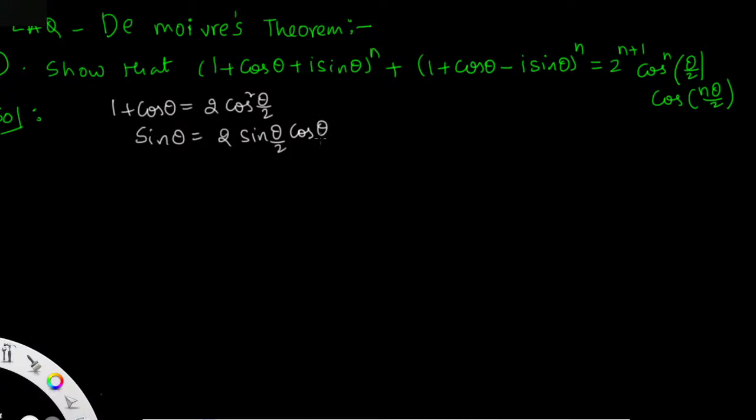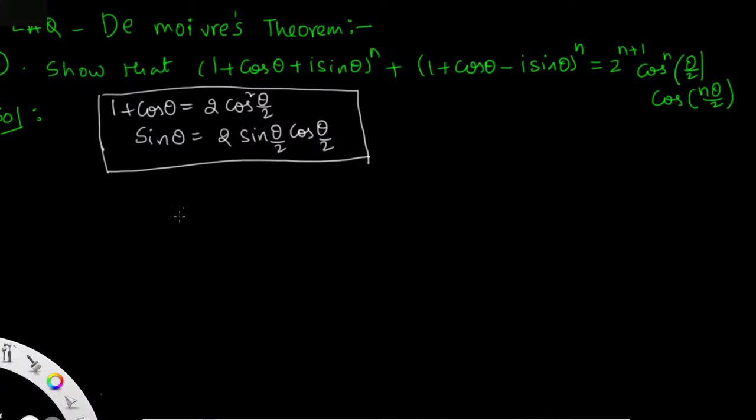Already we know these formulas. This comes from 1 + cos 2 theta = 2 cos^2 theta, with the half angle so we write 2 cos^2(theta/2). And sin 2 theta = 2 sin theta cos theta, with the half angle means 2 sin(theta/2) cos(theta/2).